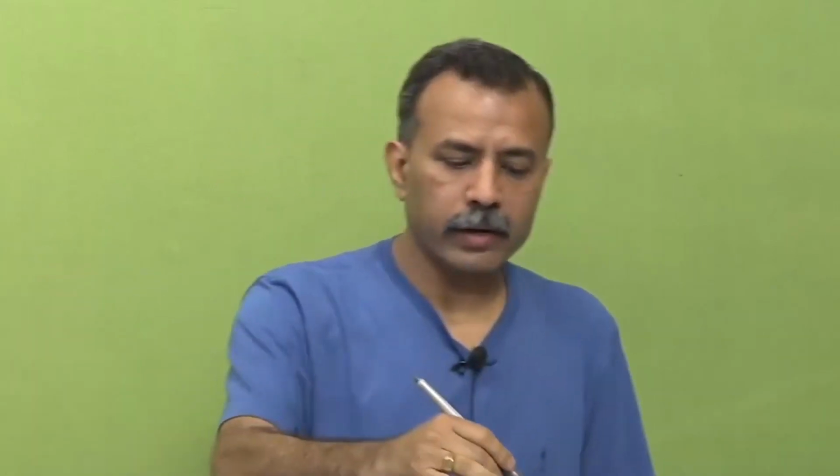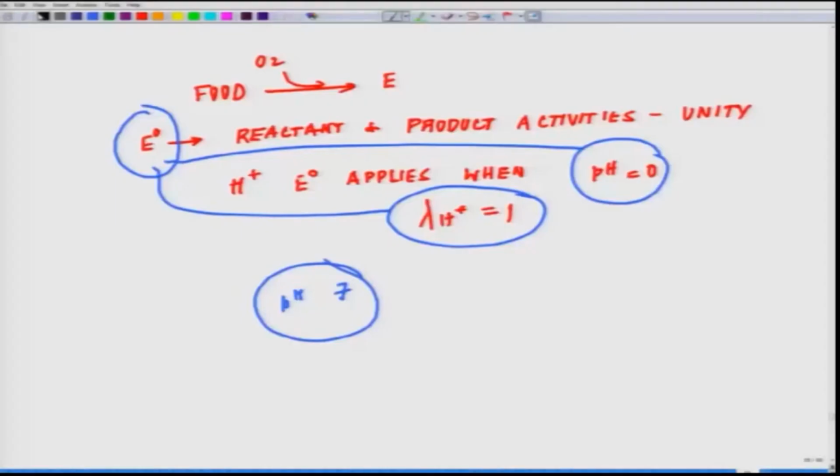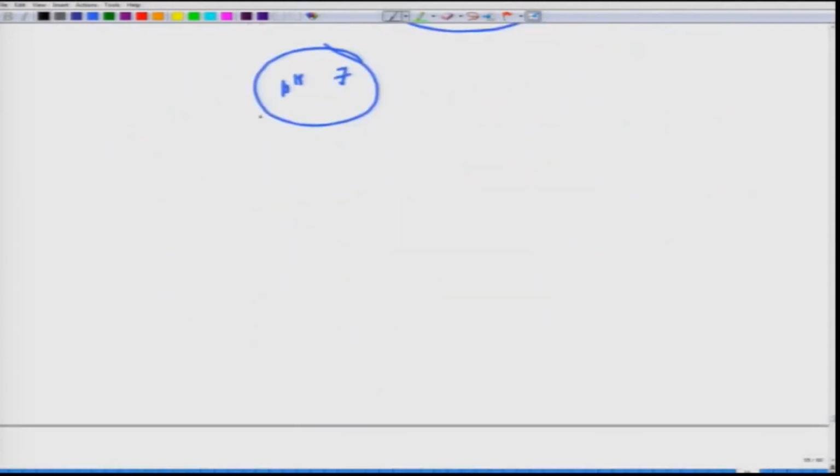So, that is where we will now proceed further. The pH inside a plant or animal cell is 7. So, the reduction potentials that apply at pH 0 are not appropriate.